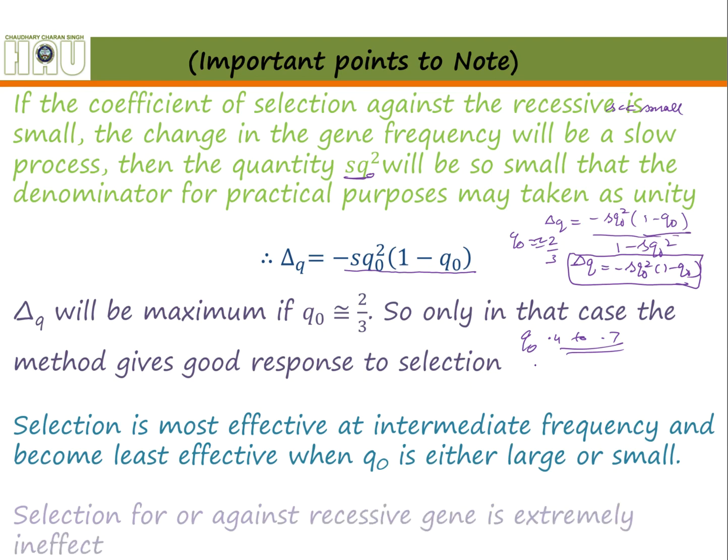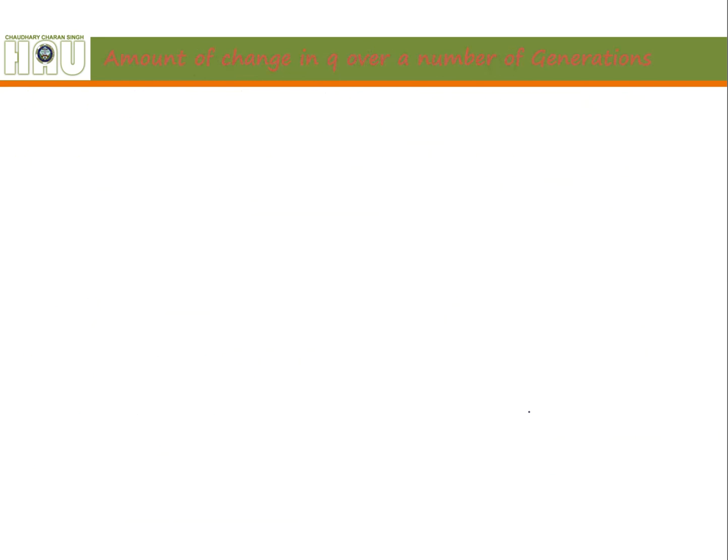If the value of Q0 lies in the middle, say 0.4 to 0.7, then selection is effective. Selection for or against a recessive gene is extremely ineffective when the recessive allele is rare. If the frequency of Q is very small, meaning this A2 gene is very rare, then selection against this gene is ineffective. So keep these things in mind when selection is made against a recessive and there is complete dominance.